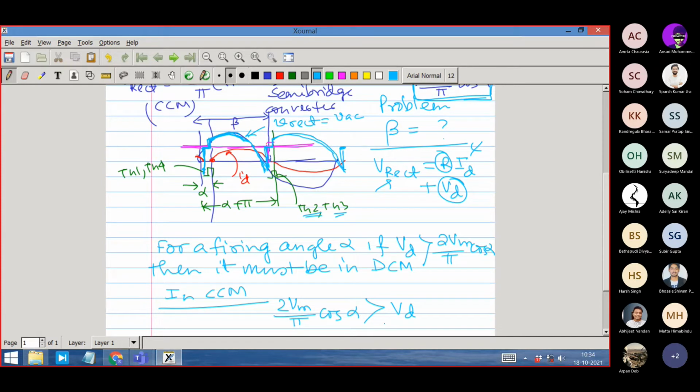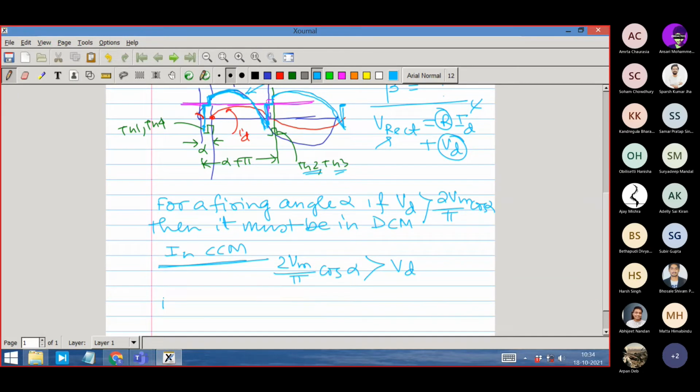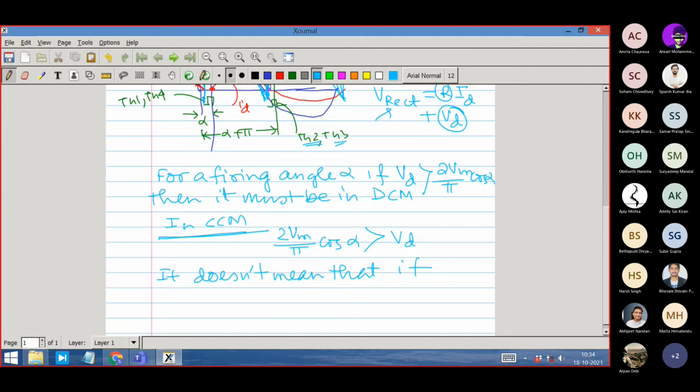It doesn't mean that if 2 Vm by pi cos alpha is greater than Vd, it must be in CCM. It doesn't mean that. It is a necessary condition, but not a sufficient condition.